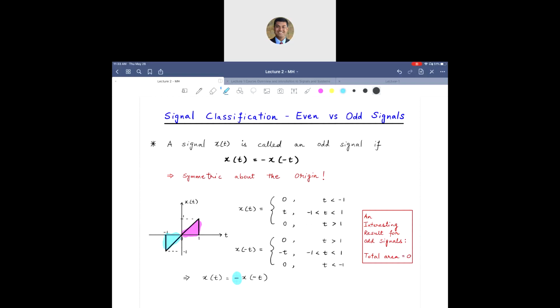So you could have a negative area on the positive time, and then you could have a positive area on the negative time, but they will be the same, so they cancel out. Okay, so that's about classifying things into even and odd, classifying them based on symmetry, and classifying them based on their bracket notations. Again, this is also for all time.